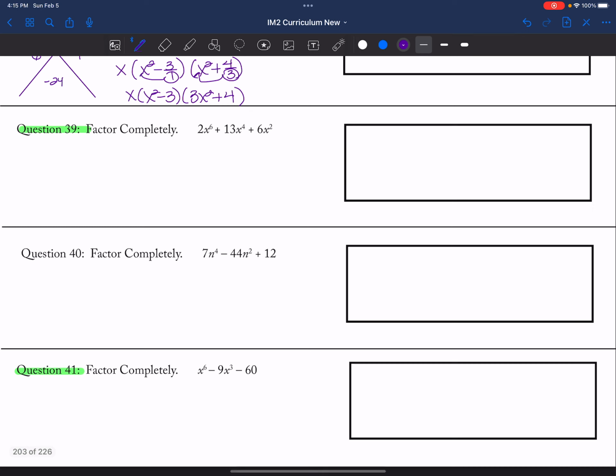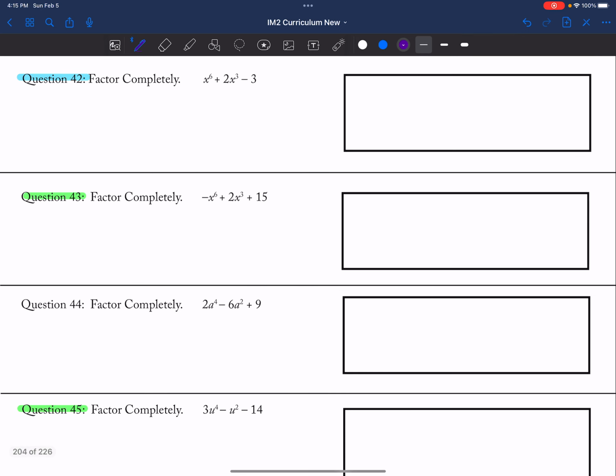Okay, that's 38. 42 will be the diamond method. So that's a 2 on top and a -3 on the bottom. So a 3 and a -1. So this makes an x cubed plus 3 and an x cubed minus 1.